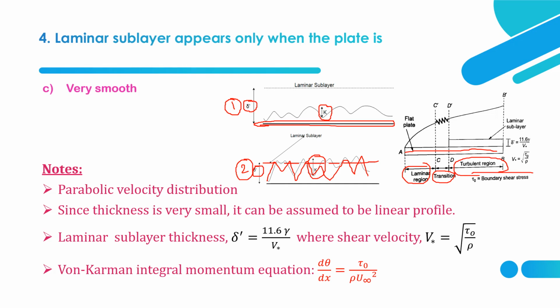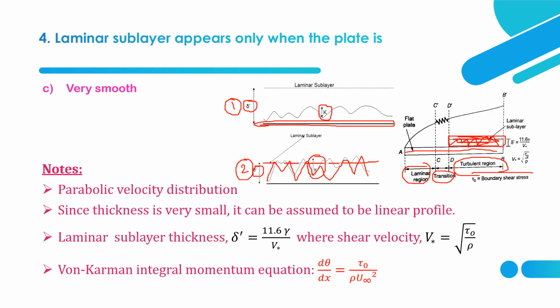And in the turbulent region only we are getting the laminar sublayer portion. This is clearly mentioned here. So that means the laminar sublayer concept can be studied on a turbulent flow. So we shall study in detail about laminar sublayer when we deal with the turbulent flow chapter later.